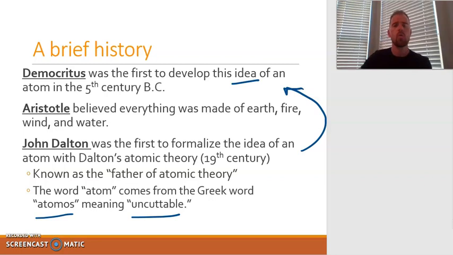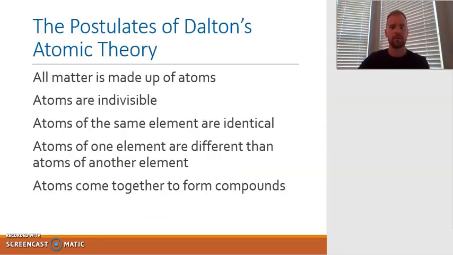And so, what was John Dalton's atomic theory? Well, John Dalton's atomic theory is made up of these 5 postulates, and they are, number 1, all matter is made up of atoms. I would never trust an atom. They make up everything. Just because I'm doing videos doesn't mean I can't be funny. So that's the first one. Secondly, atoms are indivisible. You cannot divide them. It's as small as they go.